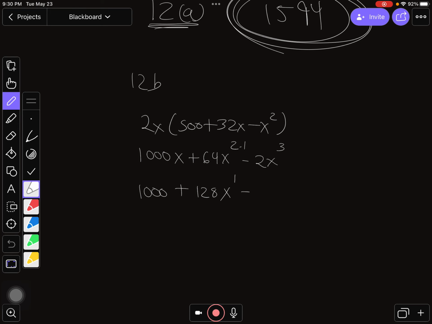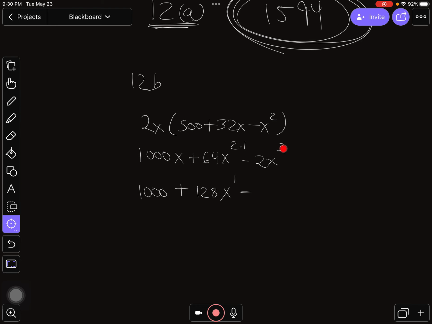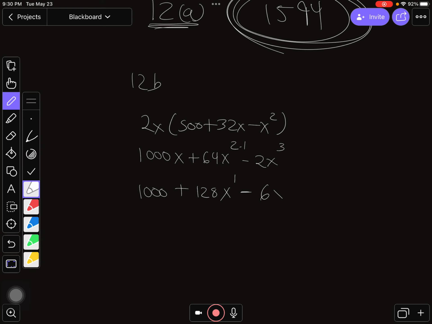And then minus. I'm going to put this 3 to the front. 3 times 2 is 6. And then I have my x, and I subtract a 1 from the 3, so I get a square. So that's my derivative: 1,000 plus 128x minus 6x squared.